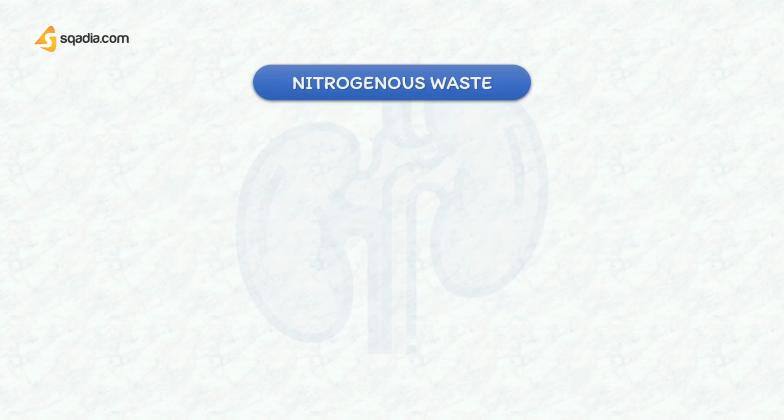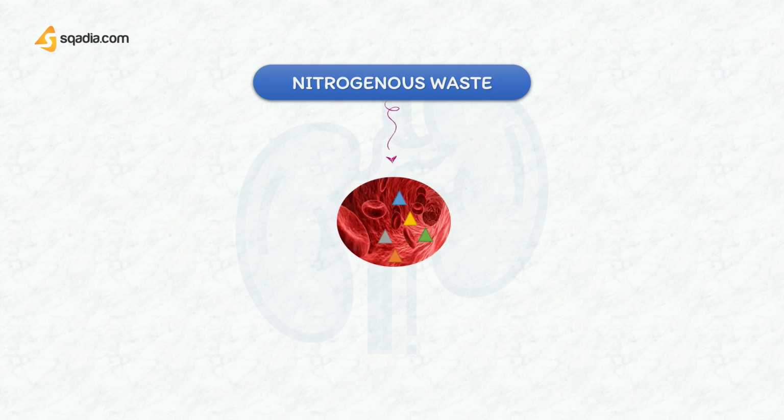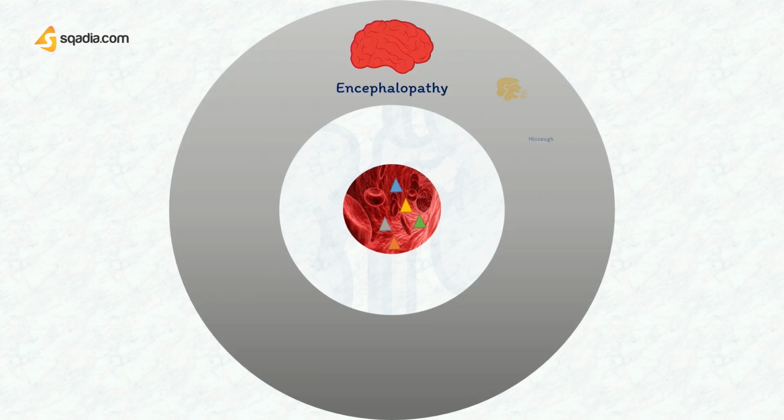Accumulation of nitrogenous waste products in the blood may also result from chronic kidney disease. Now, these metabolic products with a molecular weight of 500 to 2000 daltons can be termed the middle molecules. These produce symptoms that include encephalopathy, hiccough, which is an involuntary spasm of the diaphragm and respiratory organs, with a sudden closure of the glottis and a characteristic gulping sound.